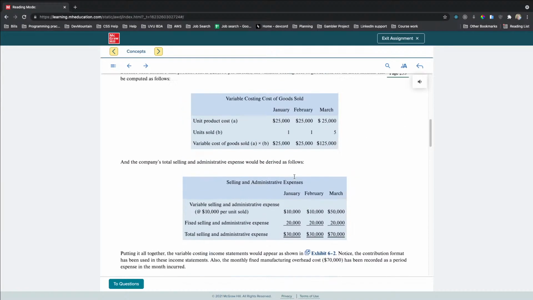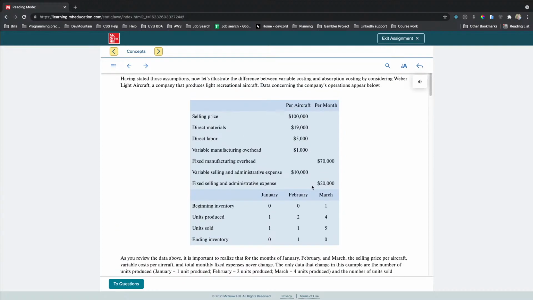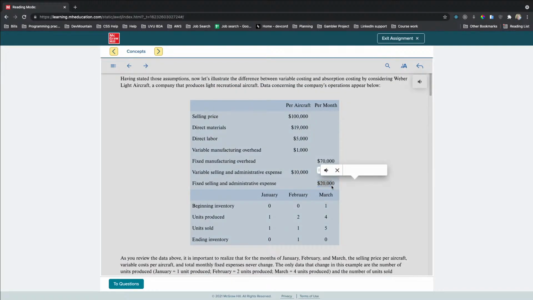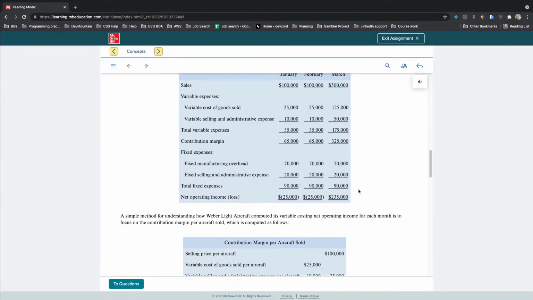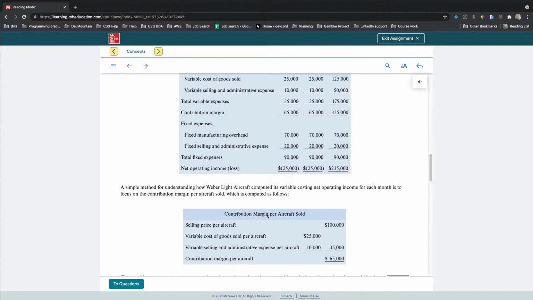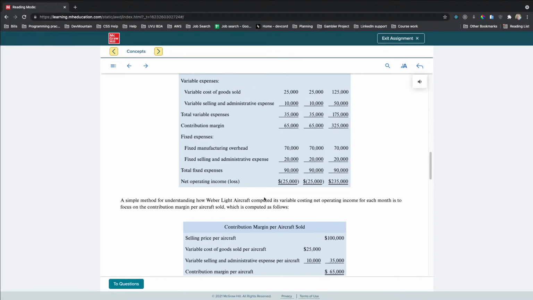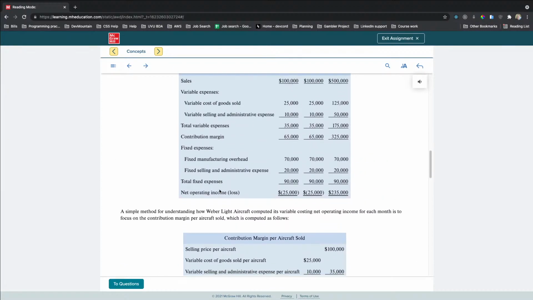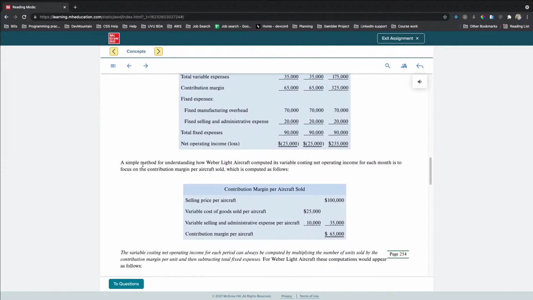Fixed selling and administrative. Did I miss that? I did miss that. I thought I got that. Must have missed it because I was off a bit. I was off by 5,000. All right, I'm okay with that. I understand how this works.